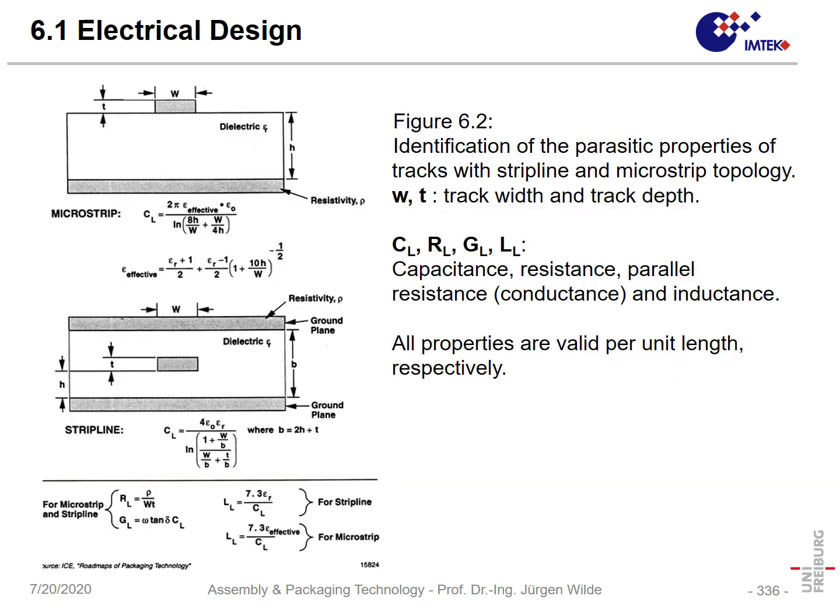Okay. Now, for such typical cross sections of a conductor, so for the microstrip line or for the strip line where the conductor is embedded between two ground planes, we can also give other data.